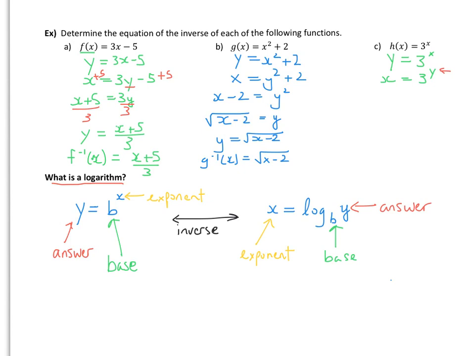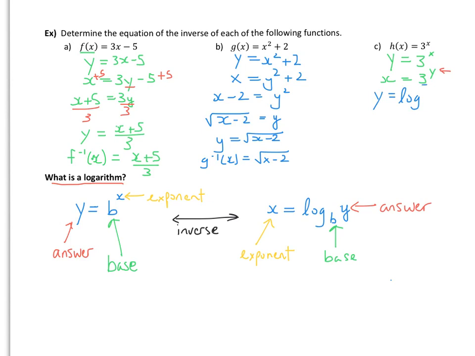This part right here, the x was the exponent, but now I've got y being my exponent, so it's kind of backwards. There we go. Let's see what this is going to look like, and we'll do some examples to get more comfortable moving back and forth between these things. So the exponent, which in this case is the y, will equal the log.